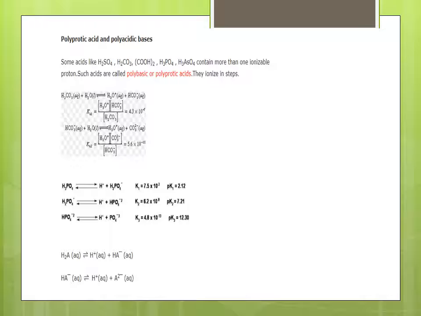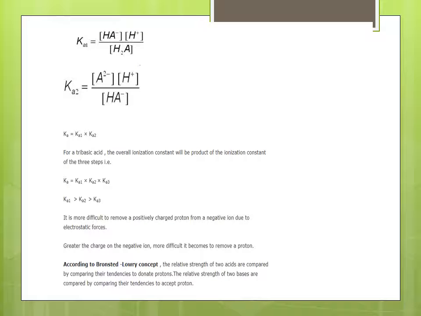Now what about this H2A? It gives H+ and HA-, and HA- gives H+ and A^2-. Now what is Ka1? What is Ka2? Ka1 is the molar concentration of HA- times the molar concentration of H+ divided by the molar concentration of H2A.